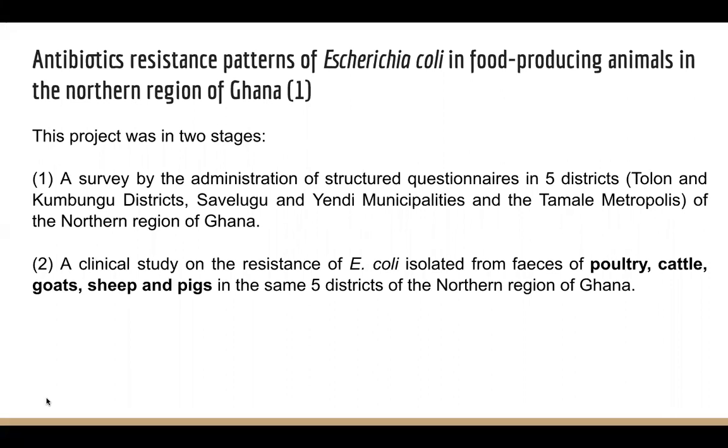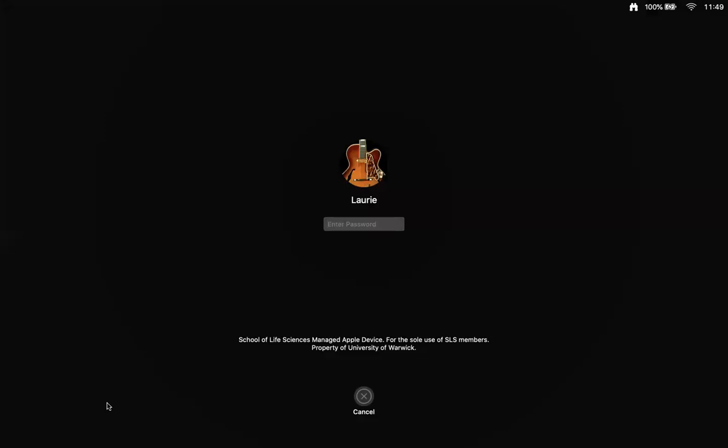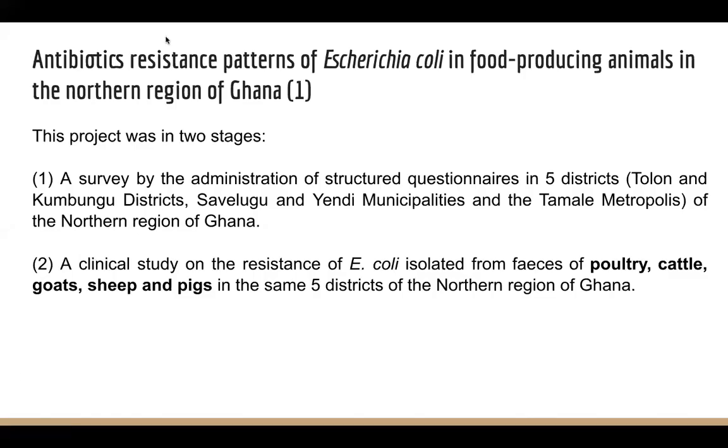So in this project, we try to look at how farmers use antibiotics and also clinically isolated E. coli from animals that they had so that we tested them against antibiotics.